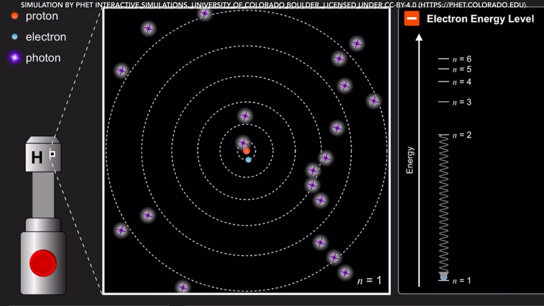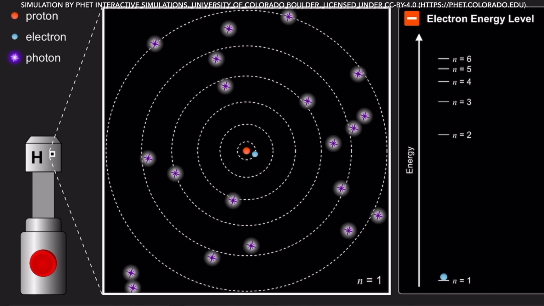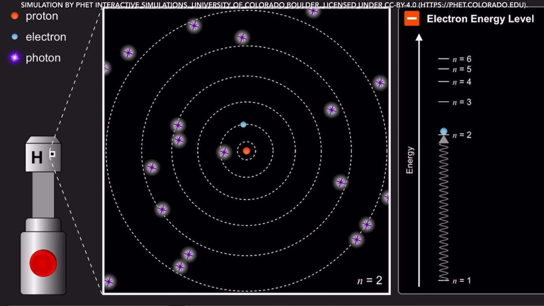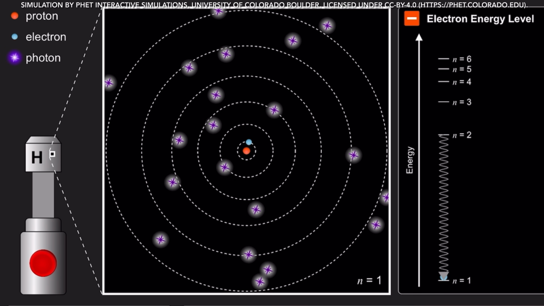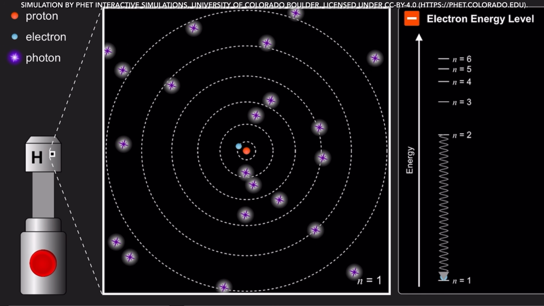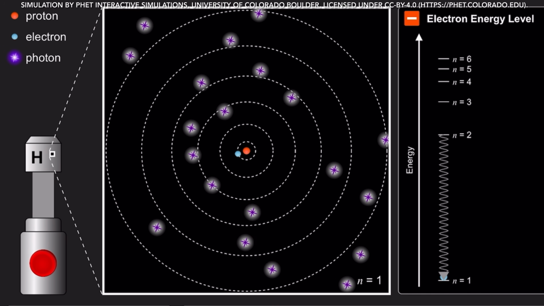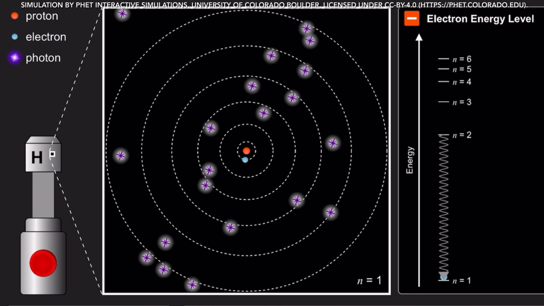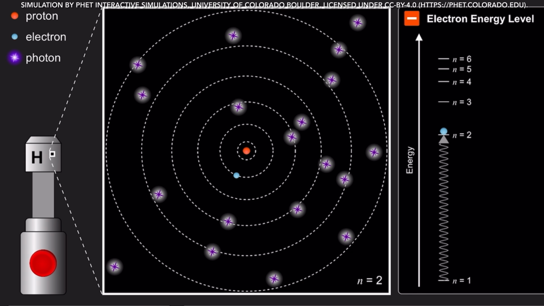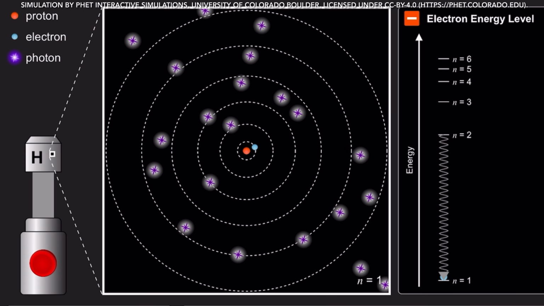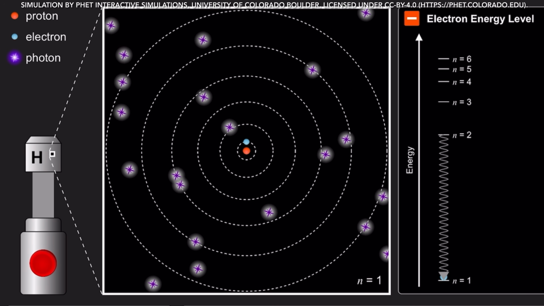The electron will only spend a short amount of time in this excited state before it de-excites back down to a lower energy level. When it de-excites, the electron will emit a photon that has an energy equal to the difference between the 2 energy levels. And this photon will be emitted in a random direction.